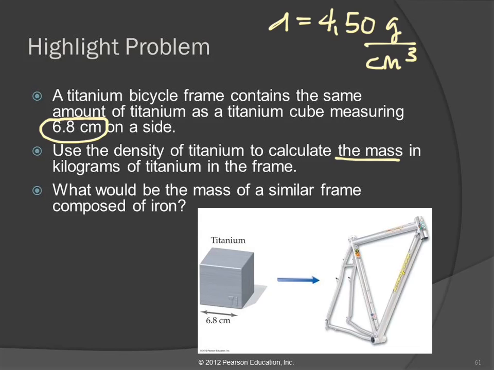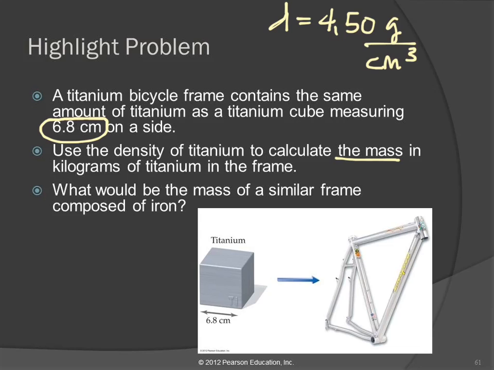I'm just trying to figure out how to tell you what to do. So we have the density here. The density allows us to convert between grams and cubic centimeters, right? But we need a volume if we're going to convert to the mass.